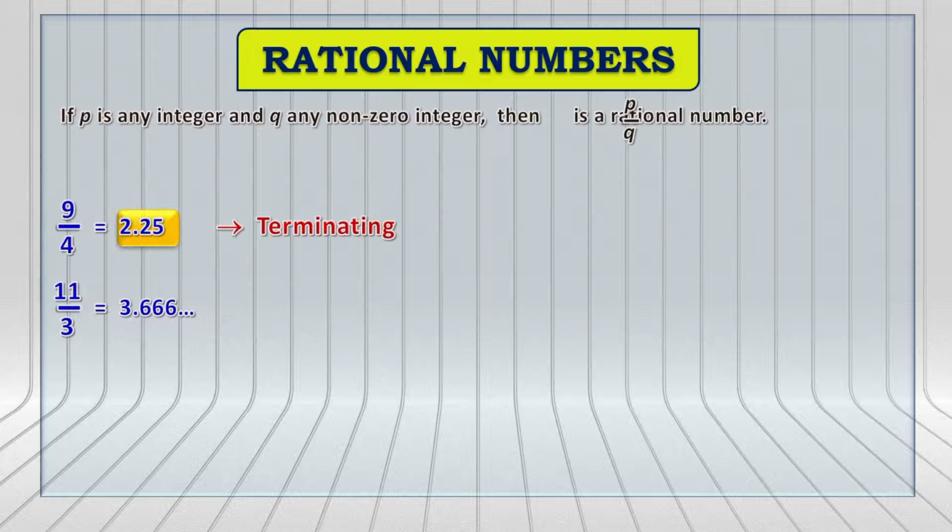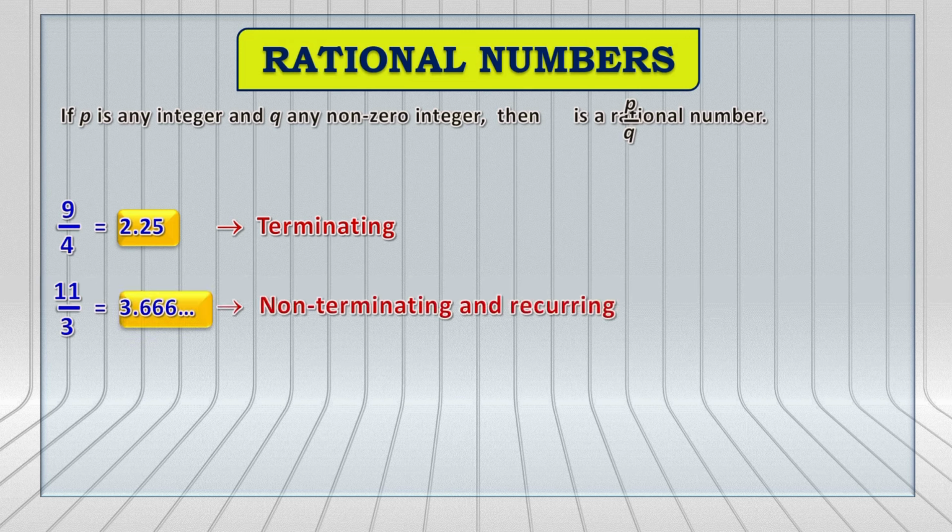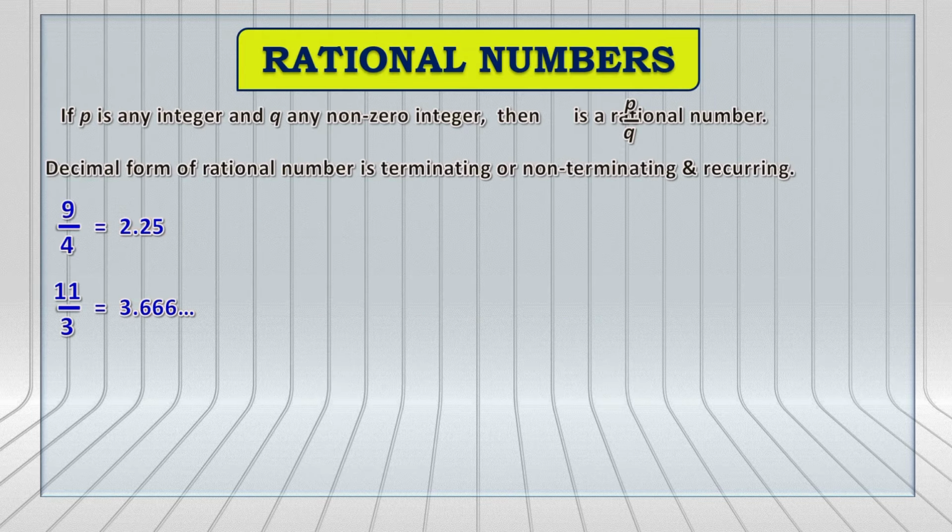As I said, 2.25 ends after 2 decimal places, so it is a terminating number. And 3.666 is non-terminating and recurring, which means the same digits are repeating. So it is a non-terminating recurring number.